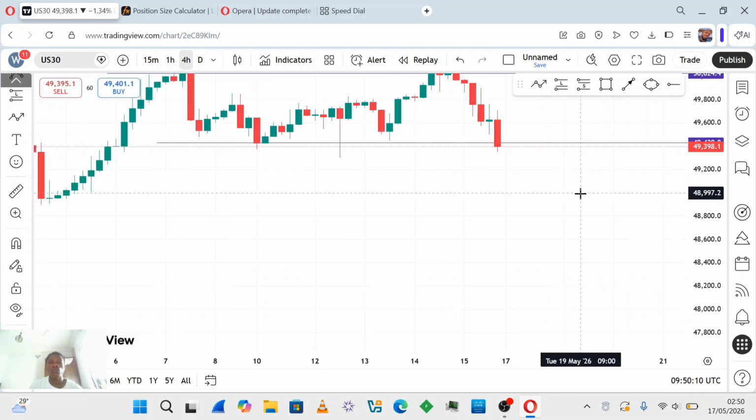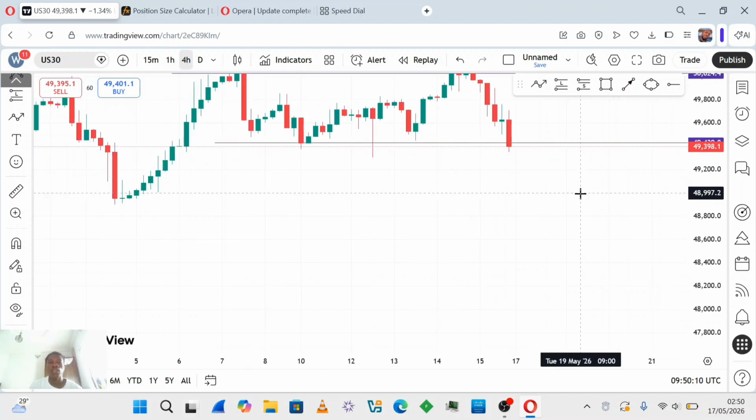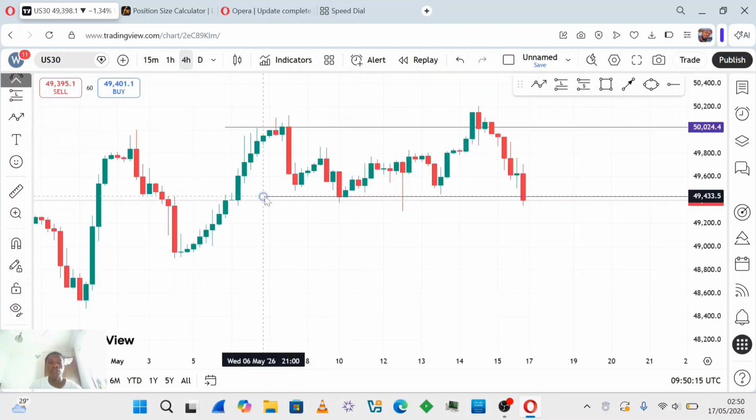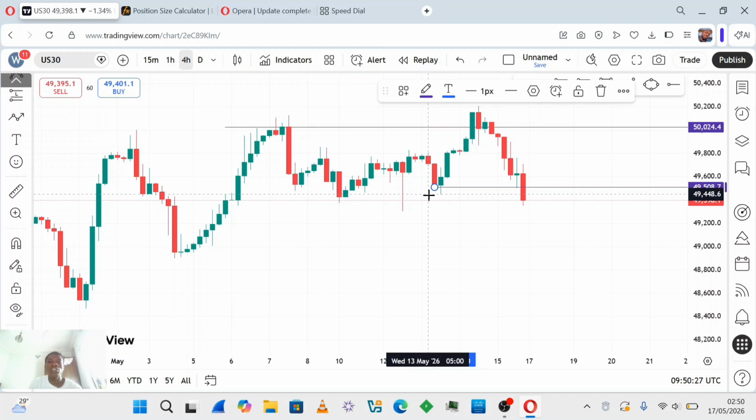And this is 4 hours time frame. 4 hours time frame is giving me that information of change of minor structure, because if you look at this now, you see that this was the previous low made before making this higher, and price has already broken it.